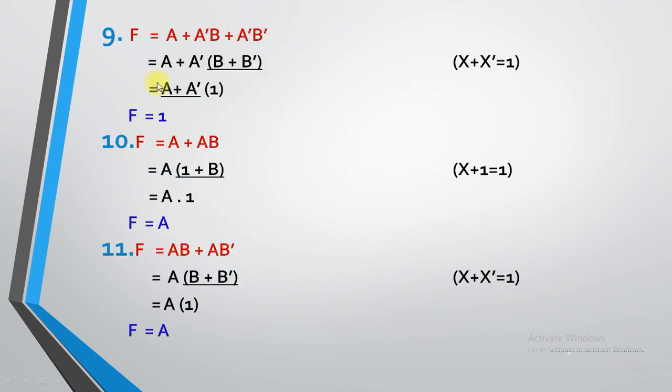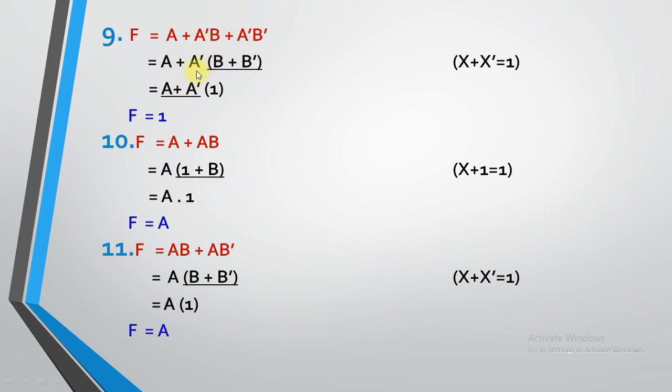Next is F equals A plus A dash B plus A dash B dash. Out of this term we can keep A dash as a common factor. B plus B dash means 1. Again A plus A dash means 1. So these are small functions which can be easily simplified using postulates, right? Let me repeat it.